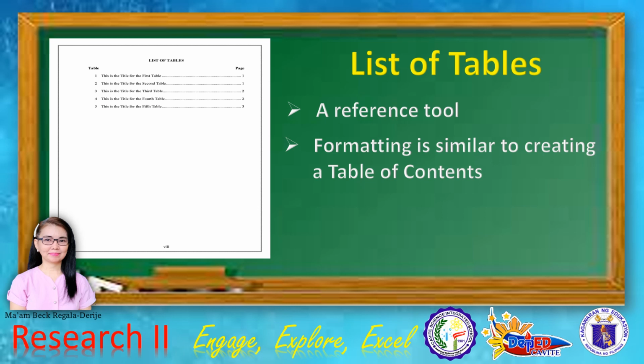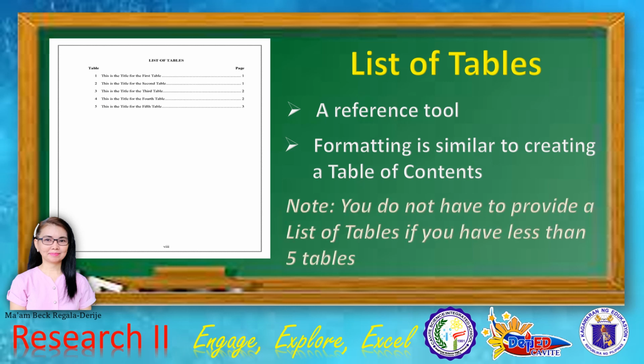And to save time in making the list of tables, be sure that you use font style. So just like what I've said earlier, the font style and font size need to be set first. Note that you do not have to provide a list of tables if you have less than 5 tables. So the tables are the charts, the tabulated format. So if there are fewer than 5 tables, then you don't make a list of tables.